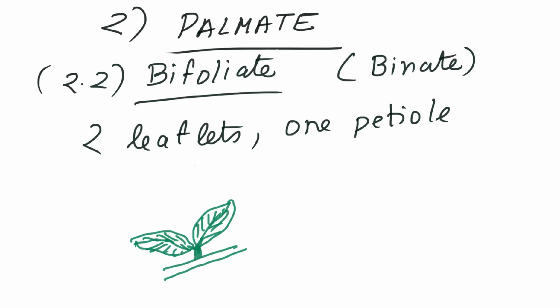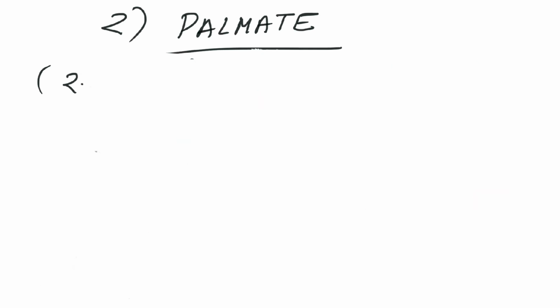And an interesting case is Balanites. That's an example, and the diagram clearly indicates a characteristic bifoliate nature.